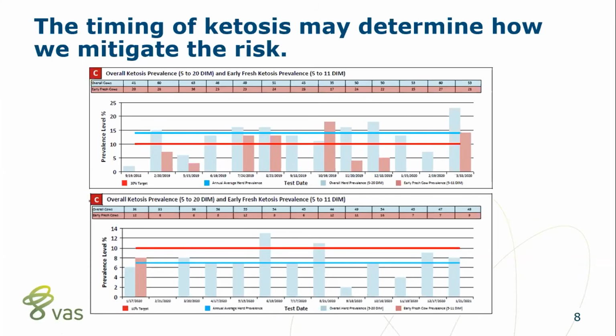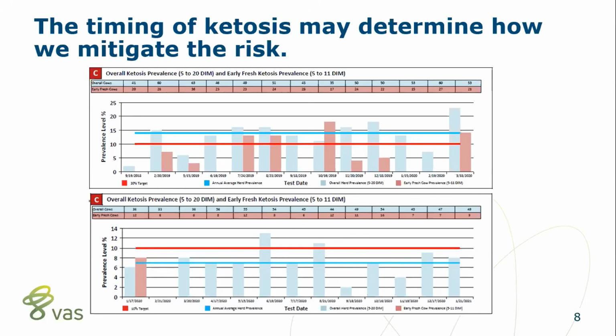There's months where our prevalence is highest in the early fresh cows, and those months where we don't see it at all in early fresh cows. So in this case, we might be looking at different sources for that ketosis, and our approach to lowering ketosis, which cows we're going to test and treat, that all may change depending on what this data shows for us.